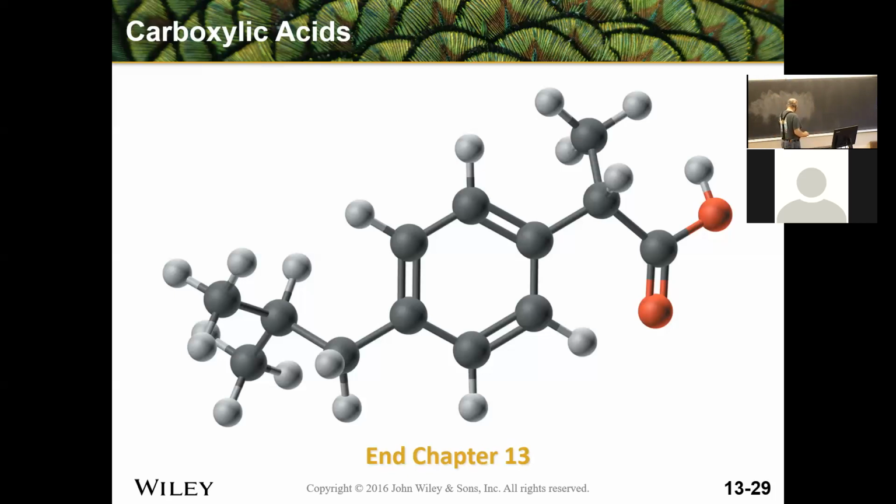And then I'll mention one more. This one is ethane dioic acid, also called oxalic acid.